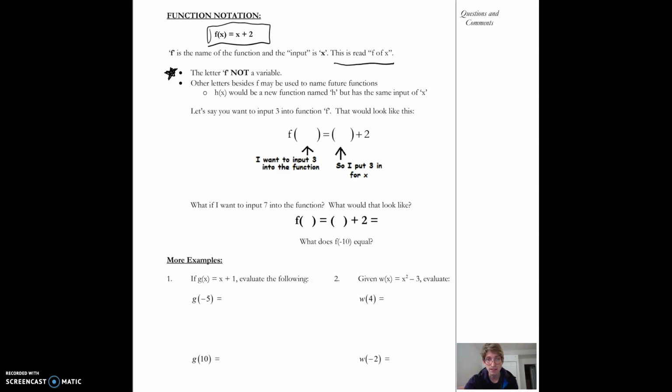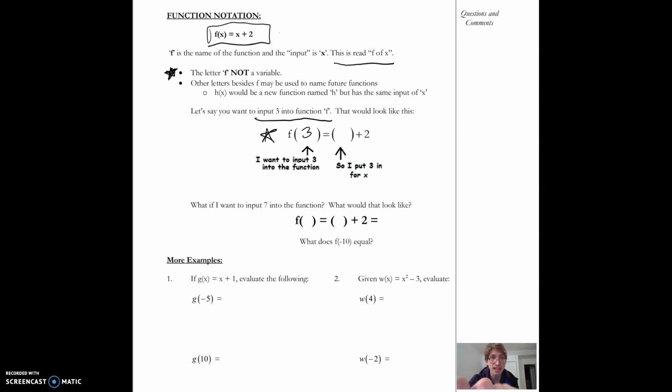So let's take this function at the top, f of x equals x plus 2, and we want to input 3 into function f. What would this look like? Right there in the middle of the page, f of, what are we going to place inside? 3.